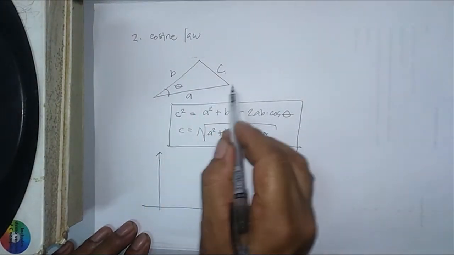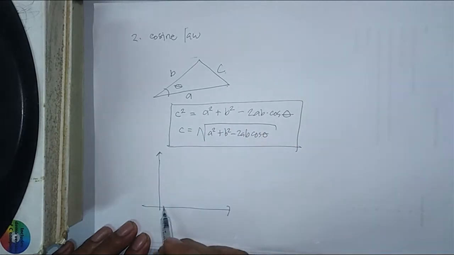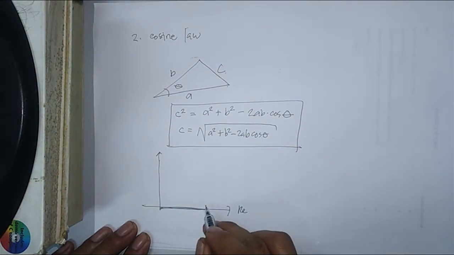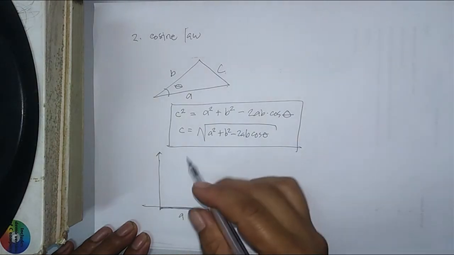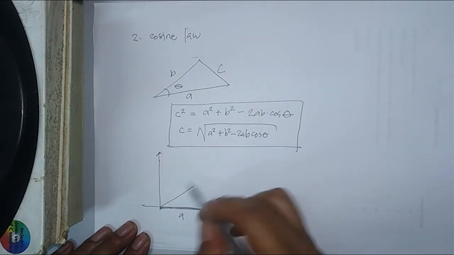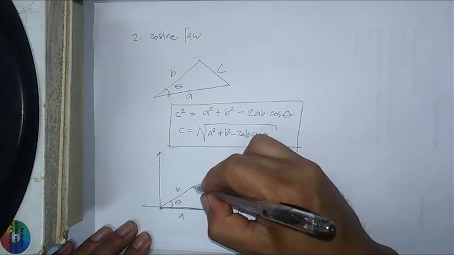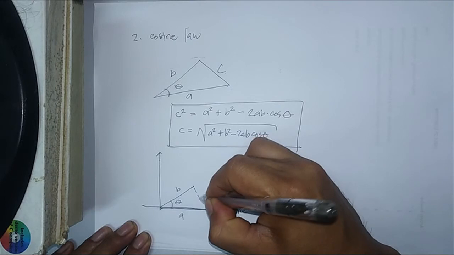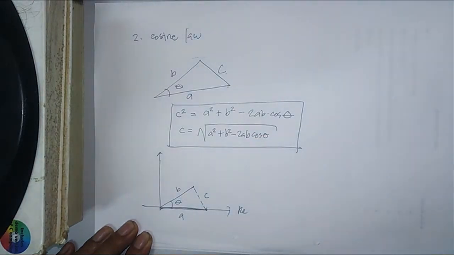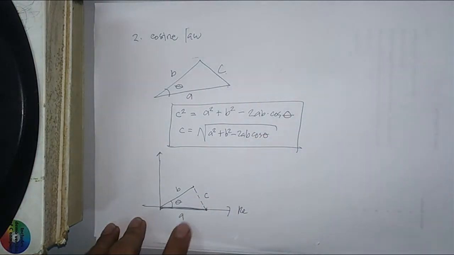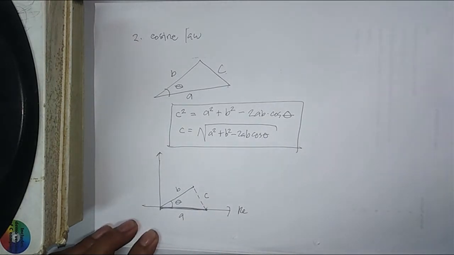Now I will draw this side A along the real axis. This is my side A. Of course, this will be my side B, and the angle between A and B is denoted by theta. What is missing here is the side C, and we are looking for that side. We will solve for that side using complex numbers.